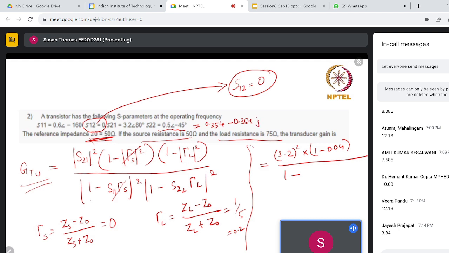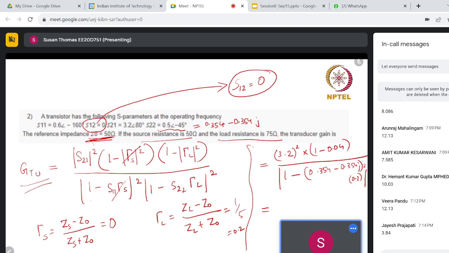Okay. So that will be multiplied by 0.2. Okay. 0.354 minus 0.354J multiplied by 0.2. And the modulus of the whole term has to be taken and then take a square of that.